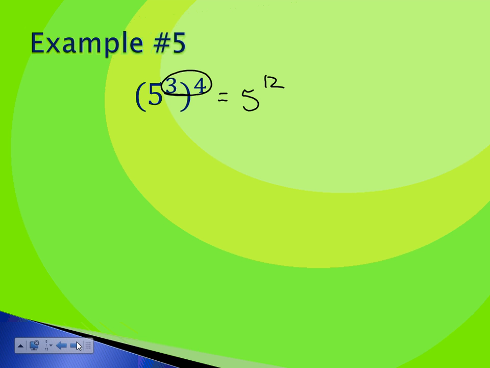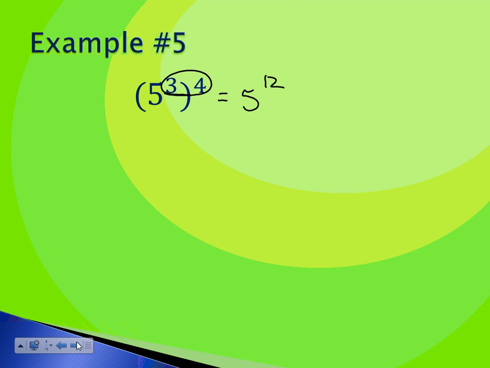This is not a certified rule or anything. This is just what I tell you. I want you to remember it kind of like rounding. Everybody agree if something's to the 5th power, the 6th power, the 7th power, that's going to take us a while, right? So if the power is above 5, you can just leave it, okay? If it's 4 or below, to the 4th power, to the 3rd power, to the 2nd power, that's not that big, right?